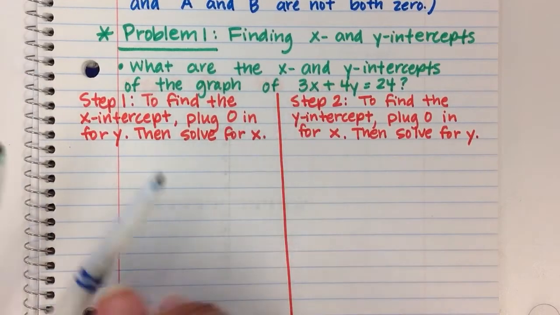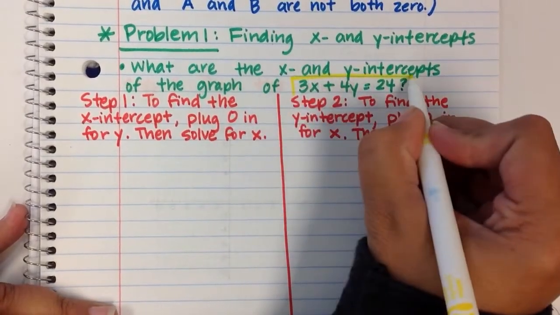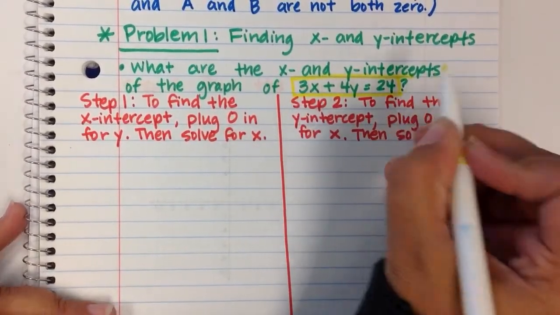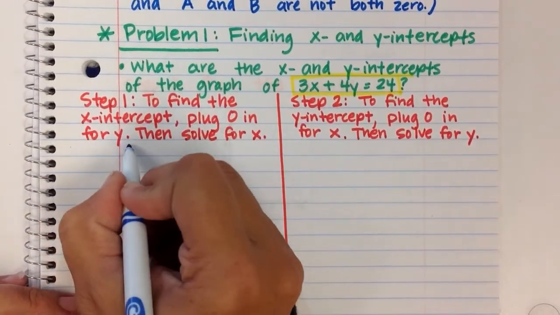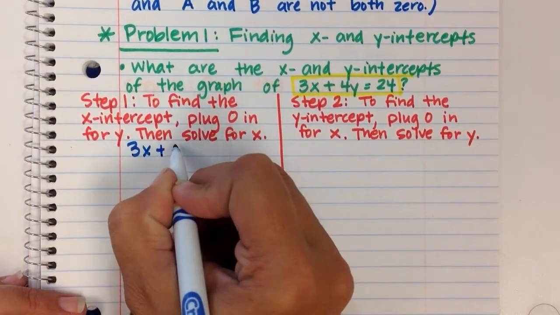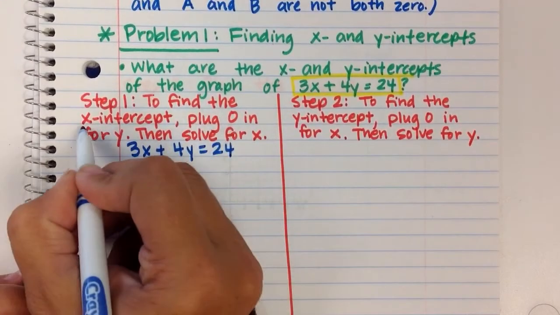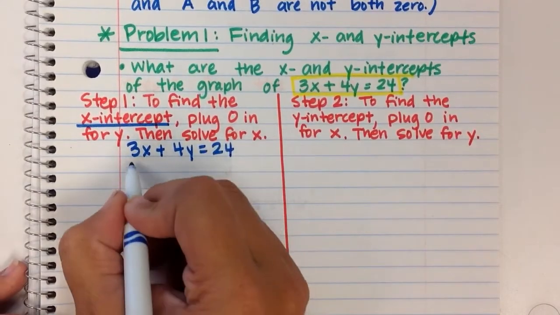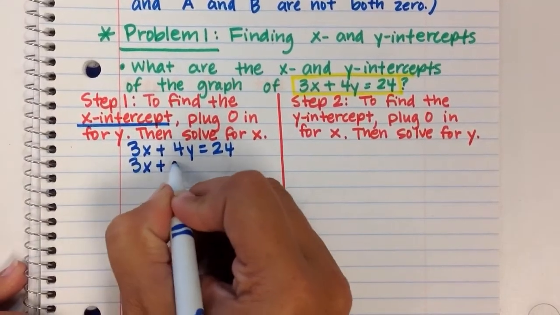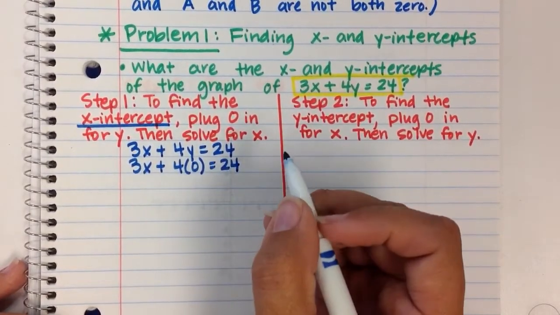We're going to use the equation 3x plus 4y equals 24. To find the x-intercept, we're going to let y equal 0. So 3x plus 4 times 0 equals 24.